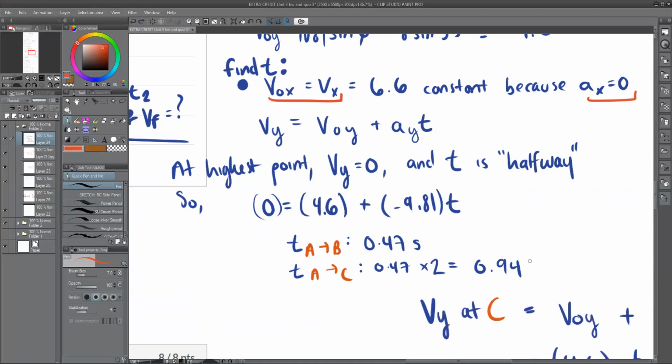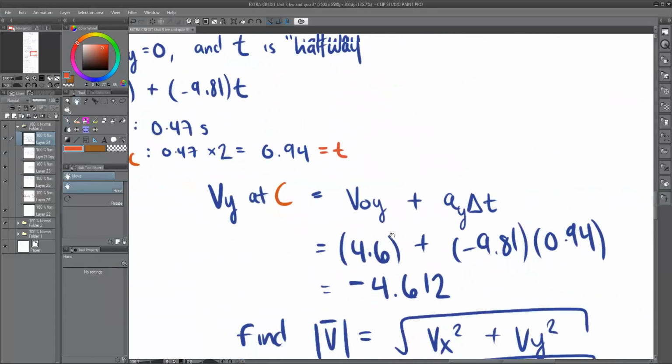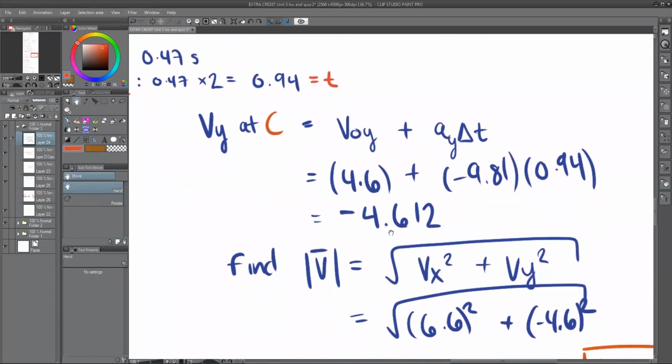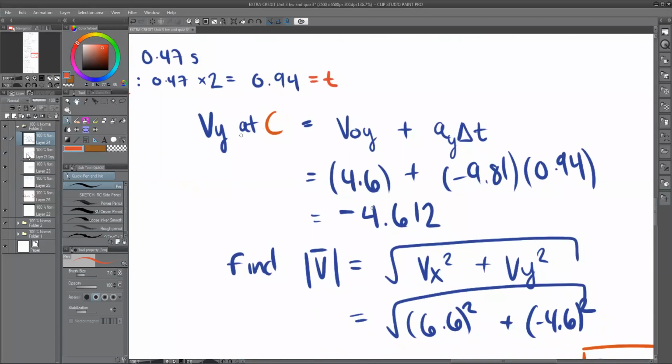And now that you have your t, you can find Vy at the final point. So when you're doing this calculation, you know Voy, you know the acceleration of y, and you know delta t. So Voy, you can solve for that. Acceleration, you plug that in.